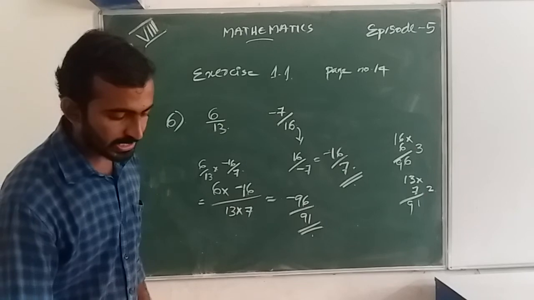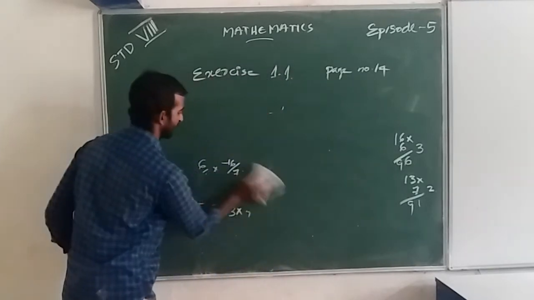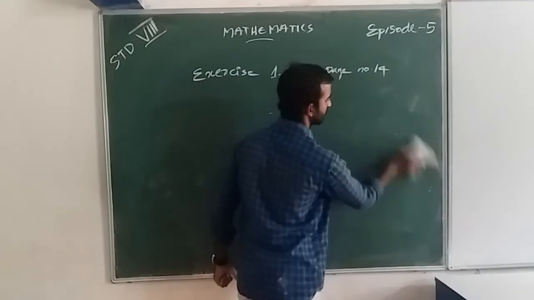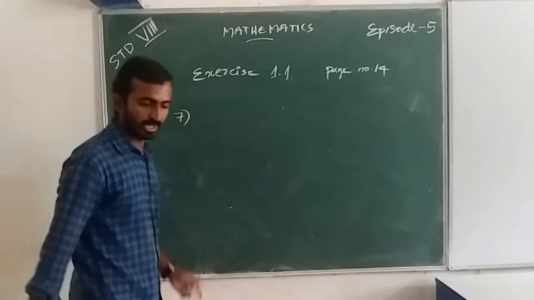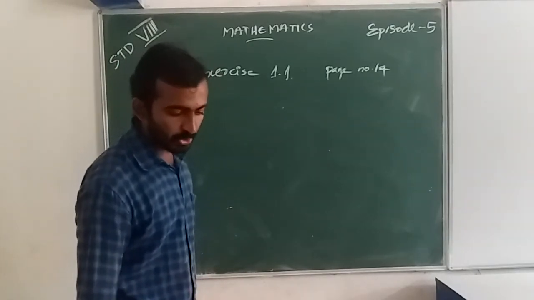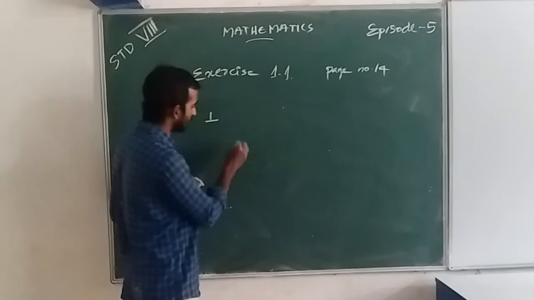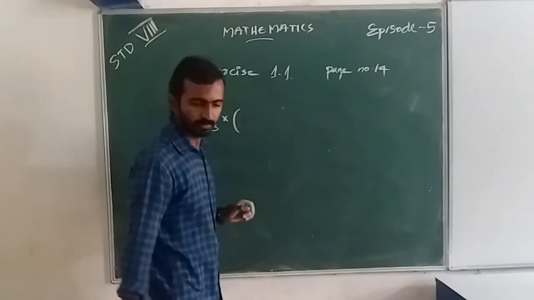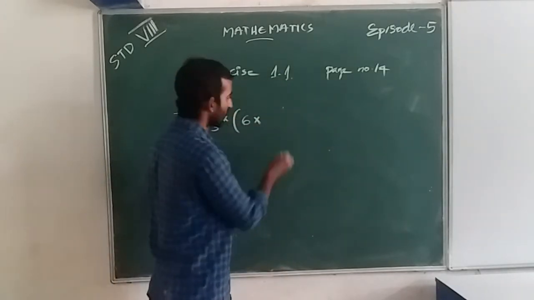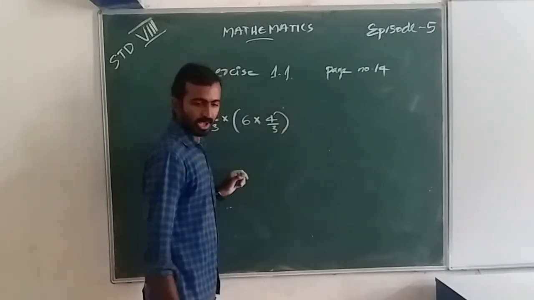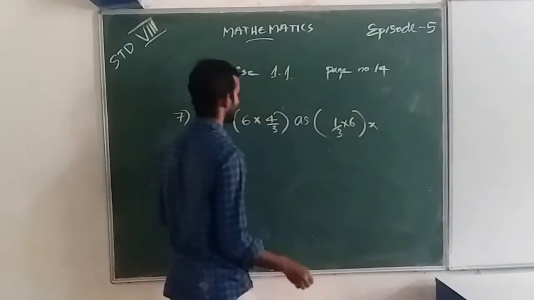And what is question 7? The seventh question is: tell what property allows you to compute 1 by 3 into 6 into 4 by 3 as 1 by 3 into 6 into 4 by 3.